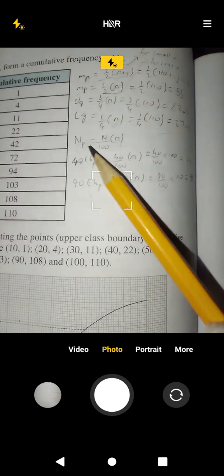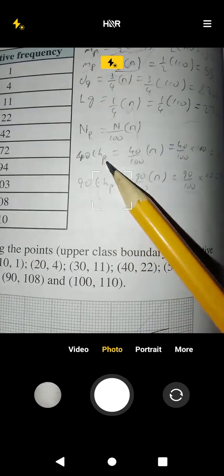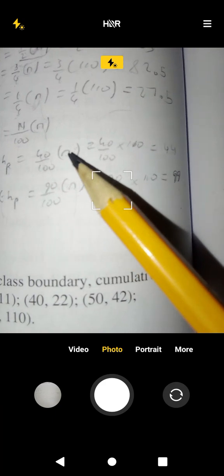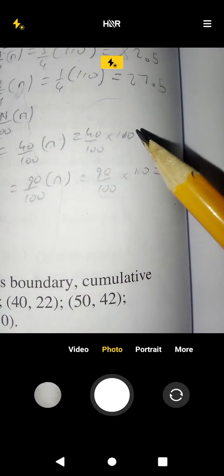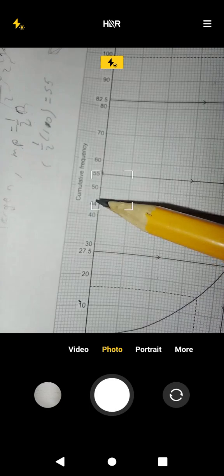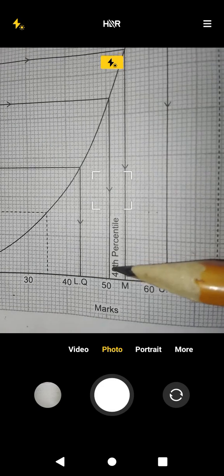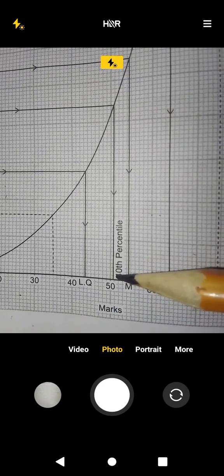This is the formula for the nth percentile if n is large. And then the 40th percentile is just 40 over 100 times n, where n is 110, so 40 over 100 times 110, which is 44. And then at position 44 we find the 40th percentile, which is about 51.